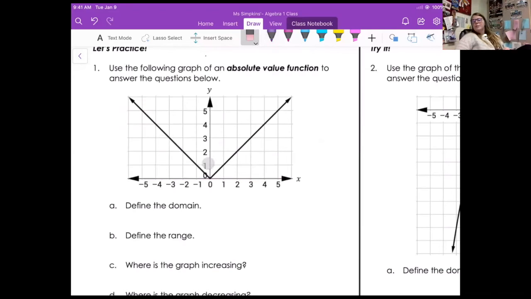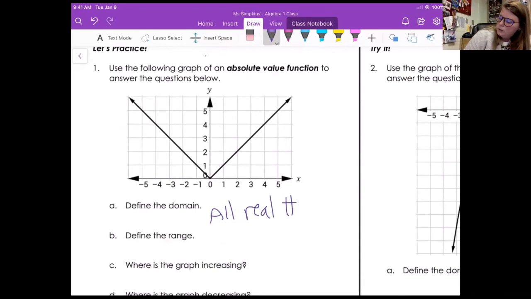Those arrows tell me that this graph is going on forever, left and right. So this is considered all real numbers. I would prefer you to write this as all real numbers. If I had this graph on the computer and I zoomed out, I could make the domain as big as I want because it's going to keep going on forever.